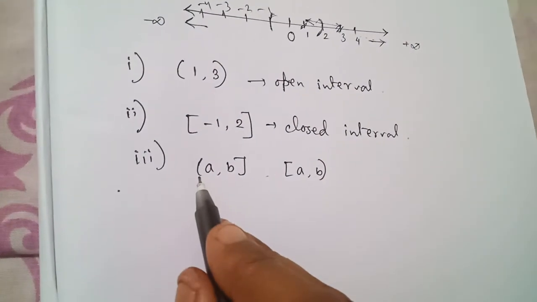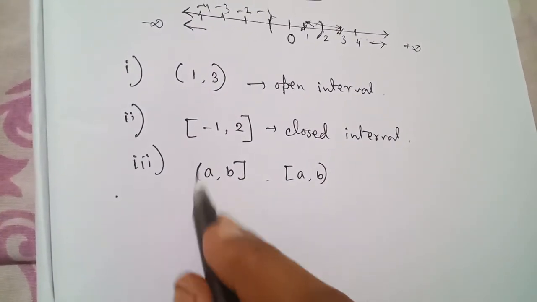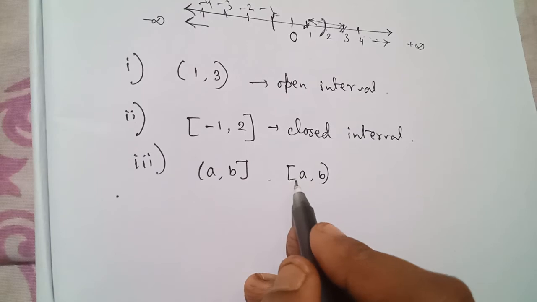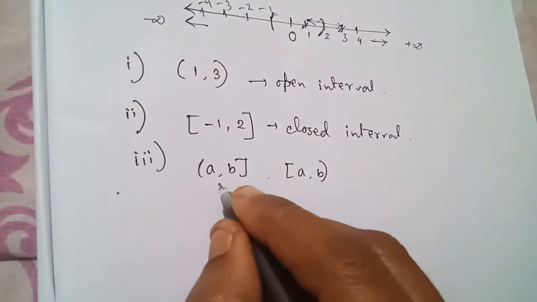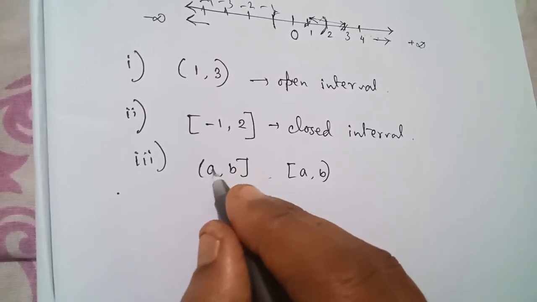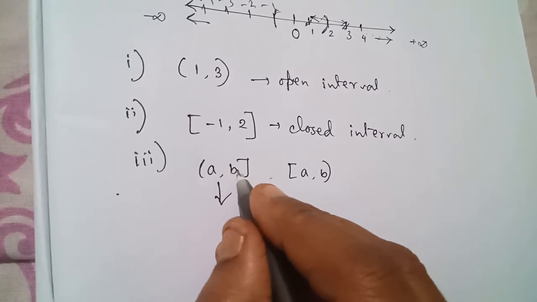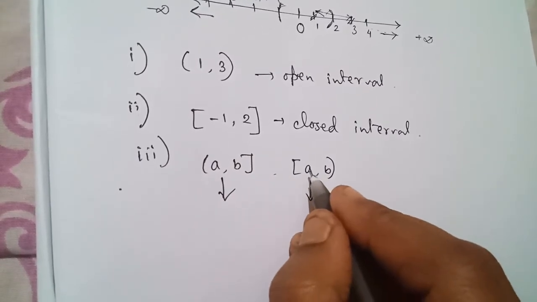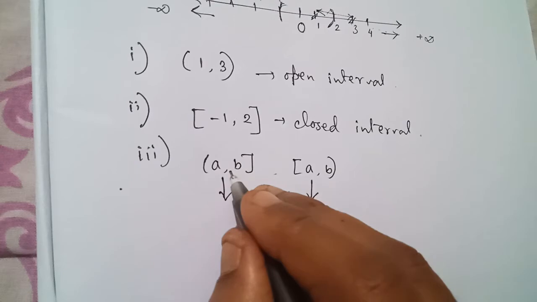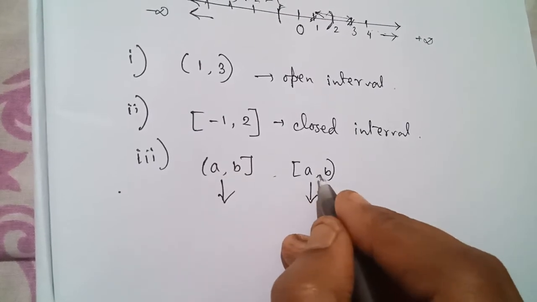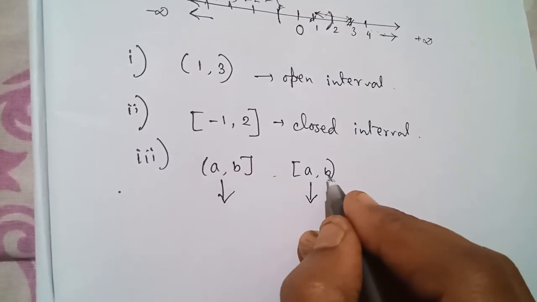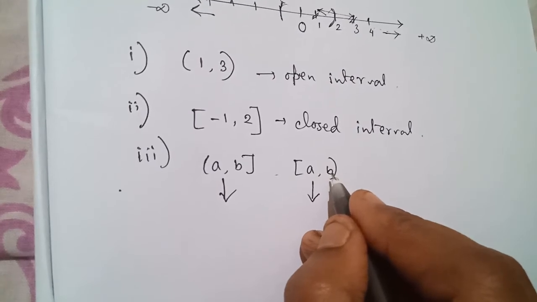You can see for the first interval I have used open for A and closed for B, and in the second interval I have used closed for A and open for B. It means the first set contains all elements after A up to B. The second set contains all elements from A before B. That means the second set doesn't contain B, and the first doesn't contain A, as A is in the open position in the first and B is in the open position in the second.